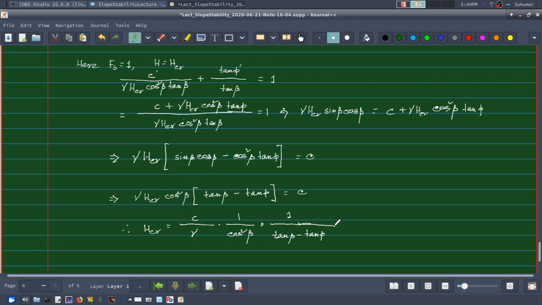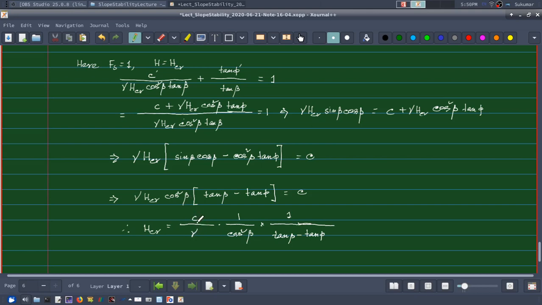Now once again you can see here, as long as beta is less than phi, only then I have a certain value of H critical. When tan beta and tan phi become equal, this thing becomes 0, so I cannot determine any critical height. Okay, clear?